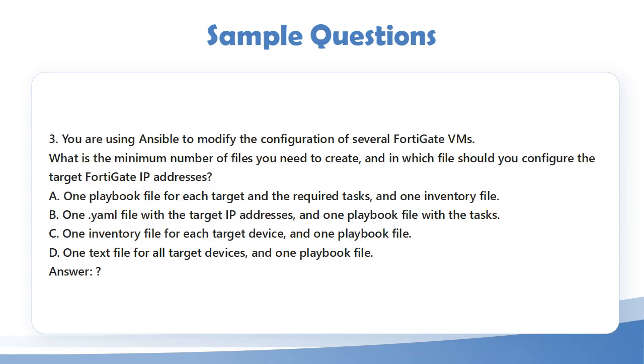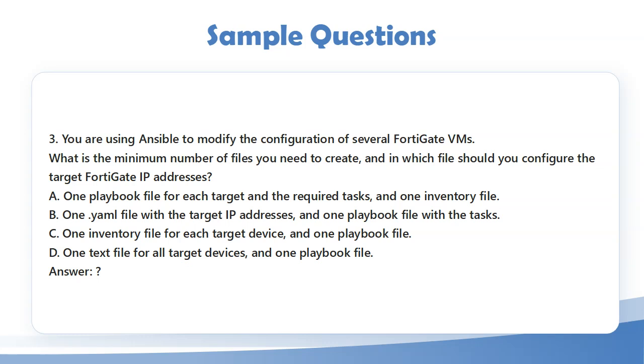3. You are using Ansible to modify the configuration of several FortiGate VMs. What is the minimum number of files you need to create, and in which file should you configure the target FortiGate IP addresses? A. One playbook file for each target and the required tasks, and one inventory file.